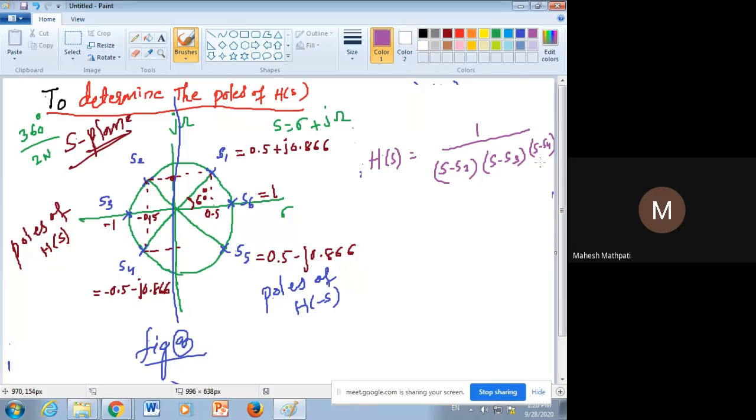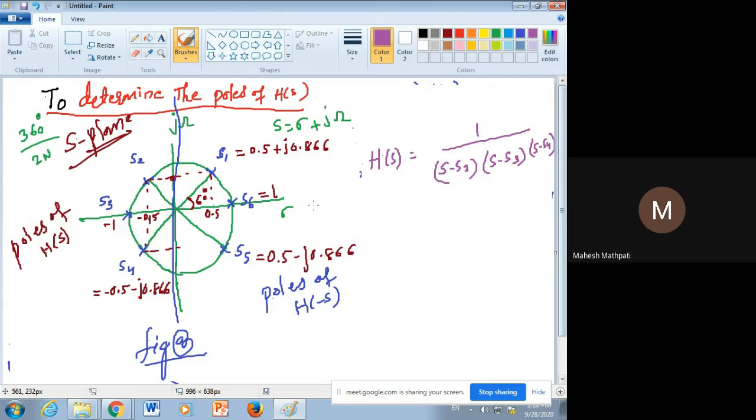Getting my point? Therefore we can write the denominator of the transfer function H of s as H of s equals 1 divided by s minus s2, s minus s3 and s minus s4.